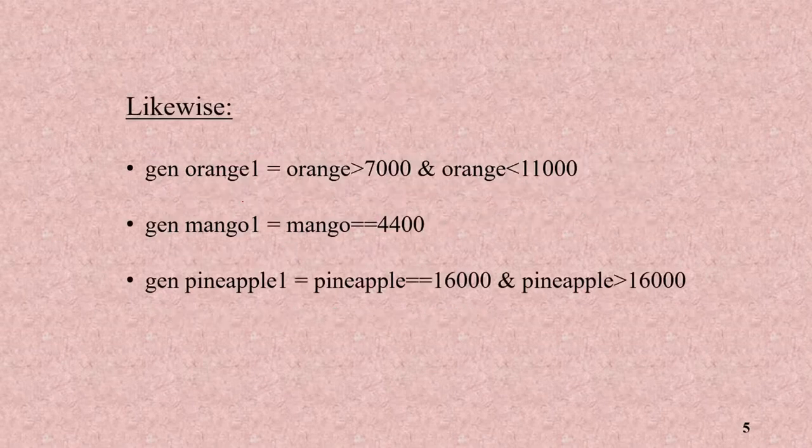Similarly, we can create several other binary variables by putting different types of conditions. Like our original variable is orange, that is, it takes the value area in hectare under orange cultivation in Assam. From this original orange variable, we need to convert a new variable orange1, which is a binary variable.